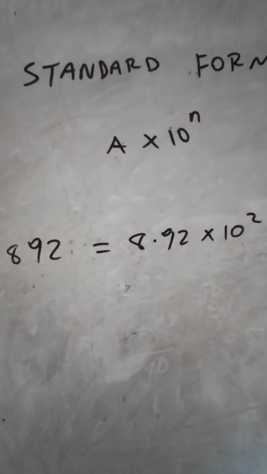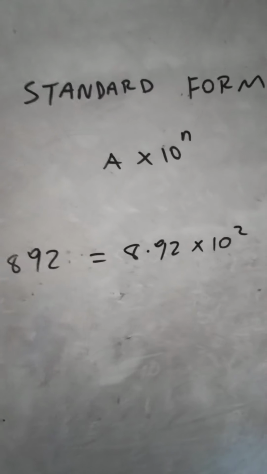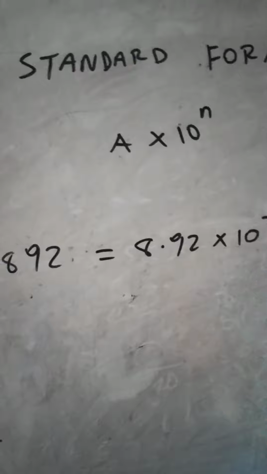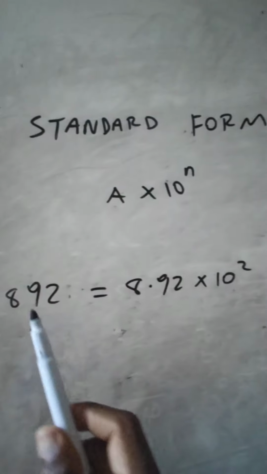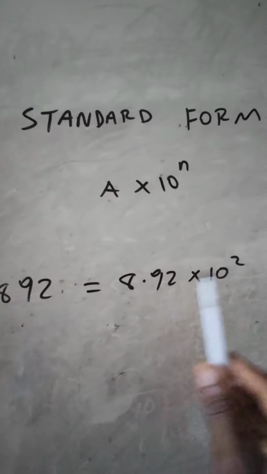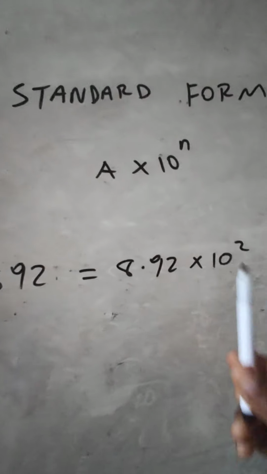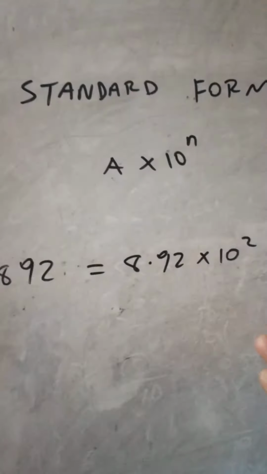Here's the second one. Okay, let's work this out. We have 892 written in standard form, which is 8.92 times 10 to the 2. How come this one is positive and the other one was negative?